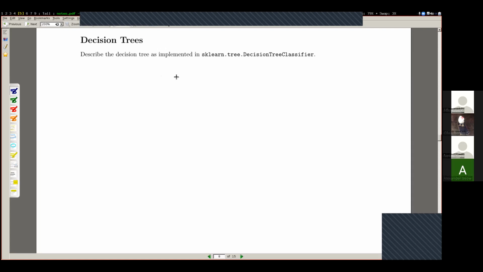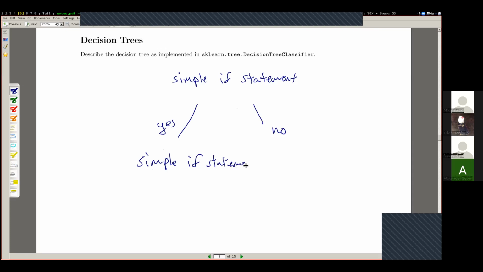You have a simple if statement, and then if yes or no, you go on to some other simple if statement, and then yes or no, and so on. Each one of these branches eventually gives you a label associated with it: +1 in these cases and -1 in these cases.